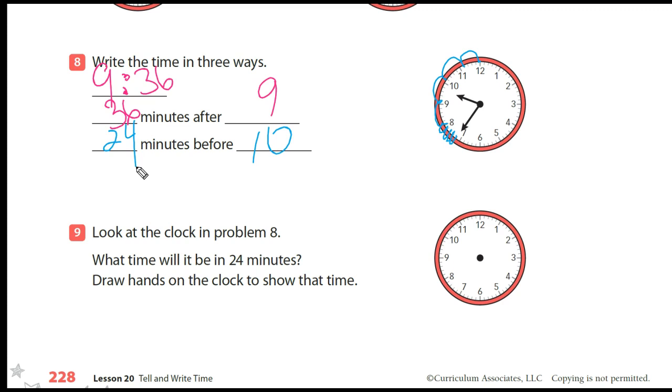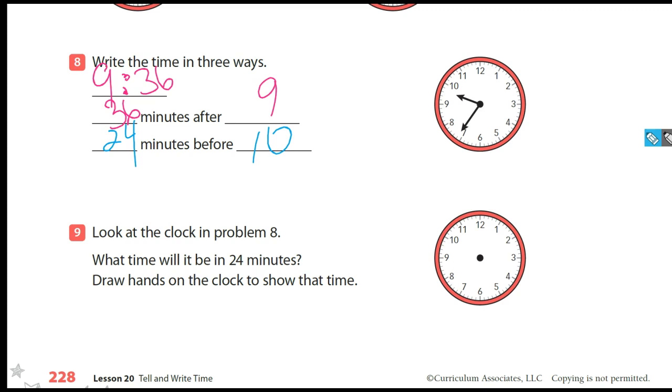Okay. Just look at the clock in problem 8. That's this one right here. What time will it be in 24 minutes? Oh, this is what I got to do now. How many minutes before 10? 24.